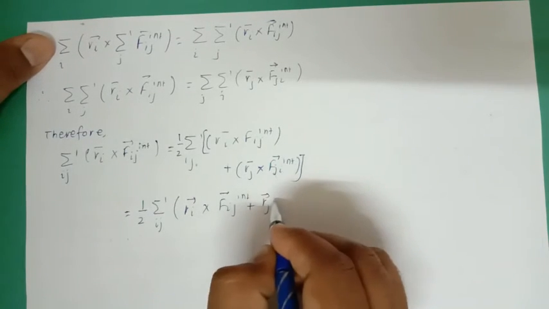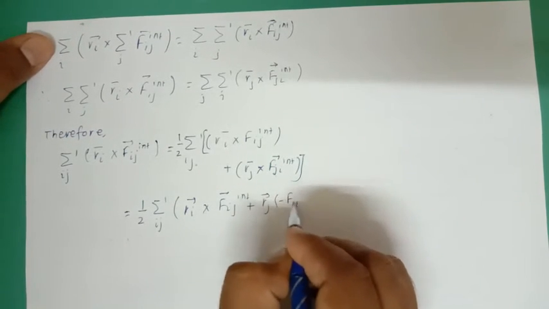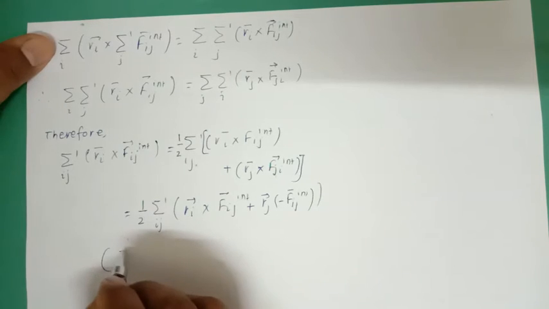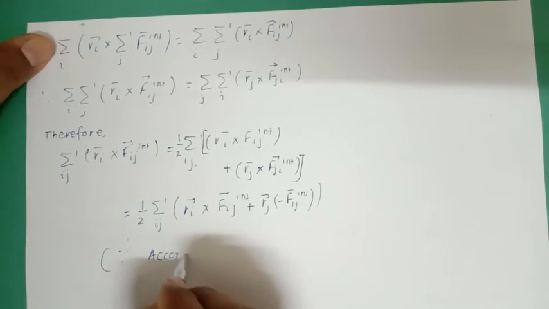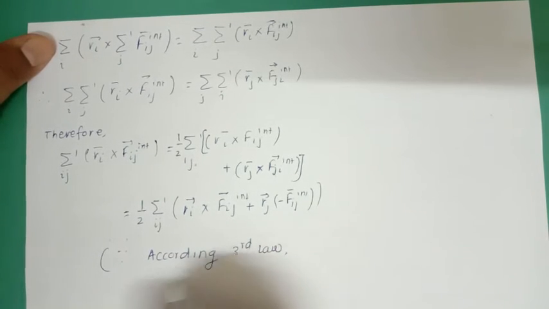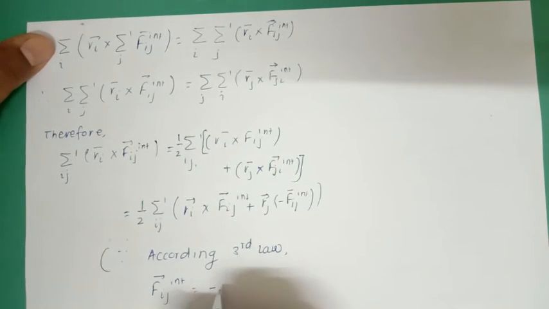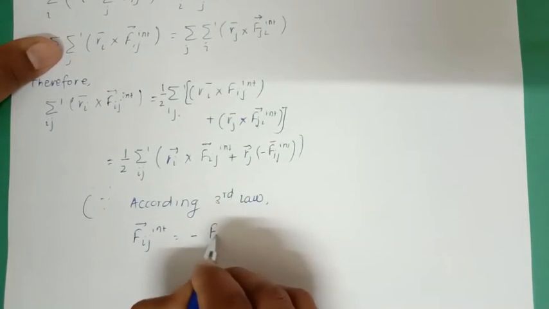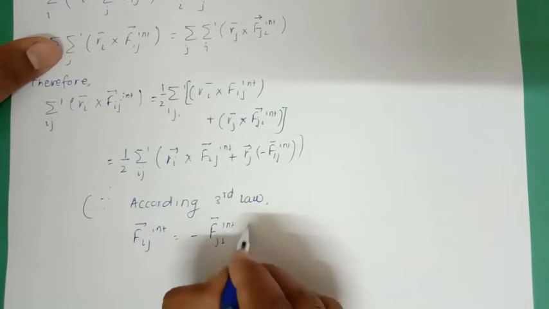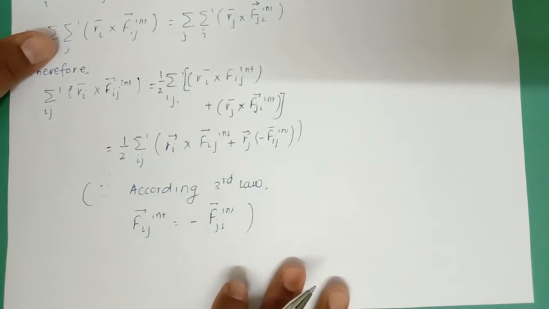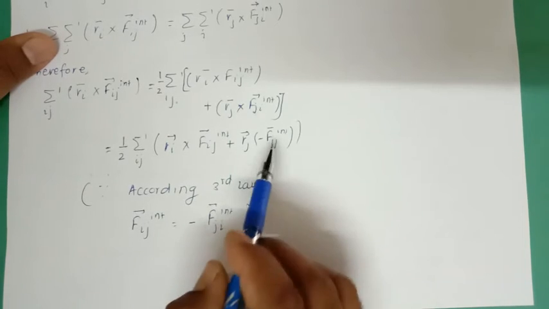So instead of Fji, can I write minus Fij internal? Yes, of course, according to Newton's third law, Fij internal is equal to minus Fji internal, since they are action-reaction forces. So instead of Fji, I'll just put minus Fij.